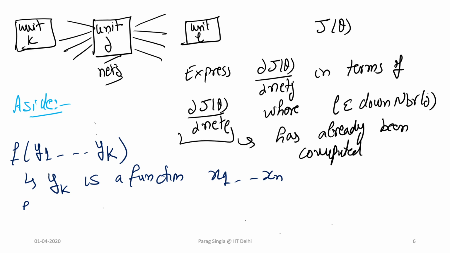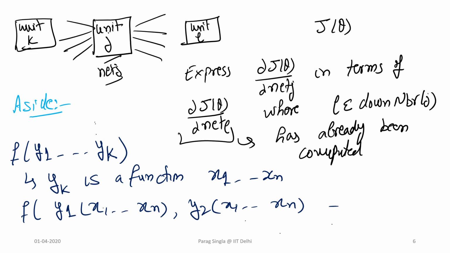So in particular we have a scenario where f is a function of y1 up to yK, where each of y1 to yK is a function of x1 to xn.